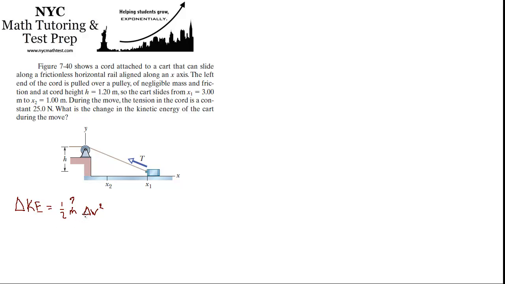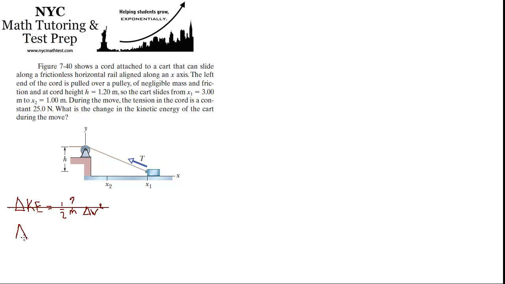And potential energy is probably not going to come into it because the cart is not changing vertically, it's only moving horizontally, so there's no gravitational potential energy being increased or decreased, and there's certainly no springs here. So the way we're going to probably have to go at this is using work.